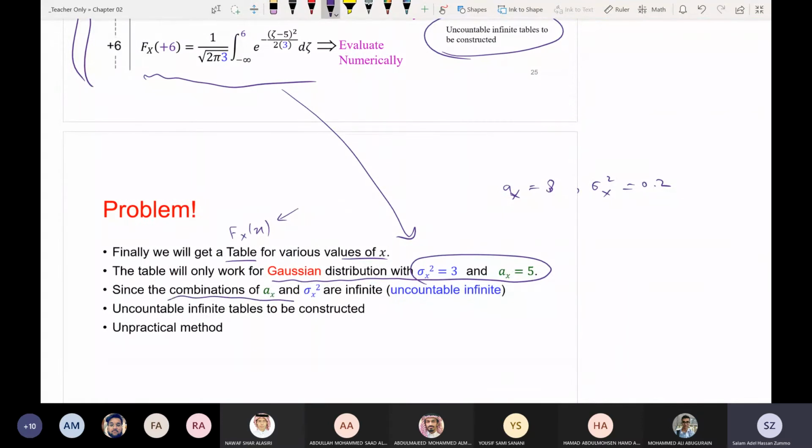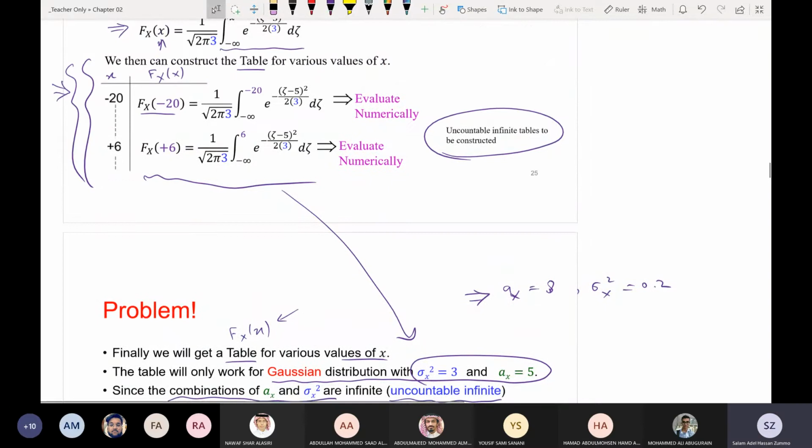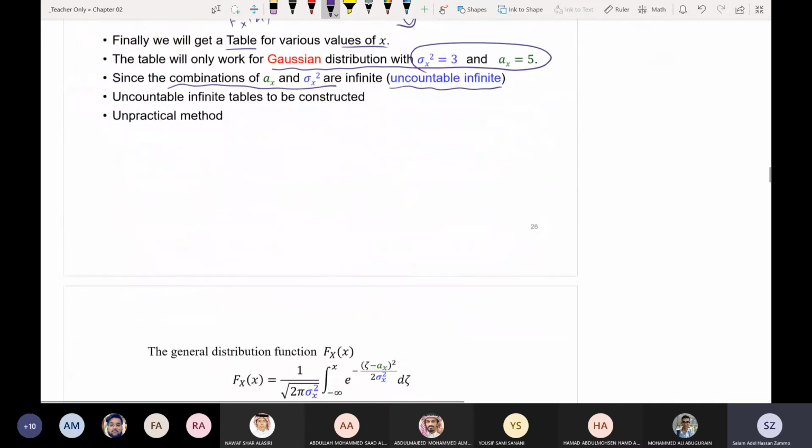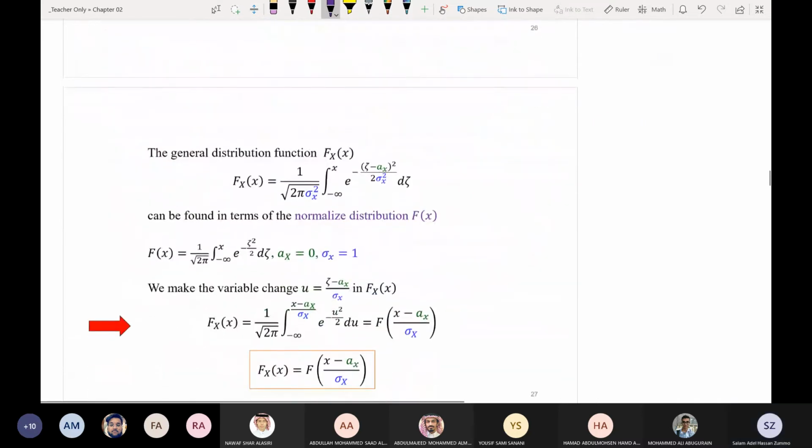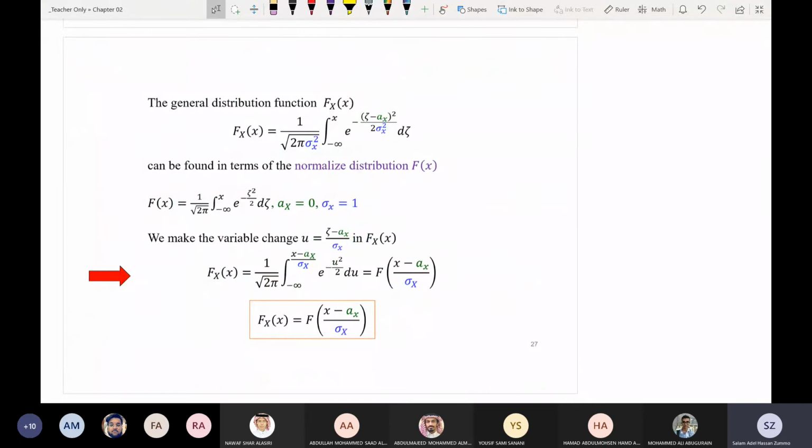How many of these combinations I have? It's infinite, uncountably infinite. لأنهم كلهم هذول real numbers. So you can just see that every problem in your life, you can end up with different average value and sigma x squared, and hence you need to repeat this exercise again. اللي هو building the table. Because of that, to eliminate this, we define what we call normalized Gaussian distribution. ايش normalized Gaussian distribution?